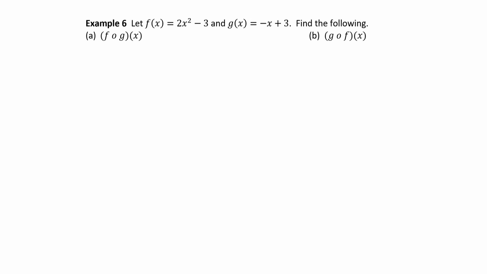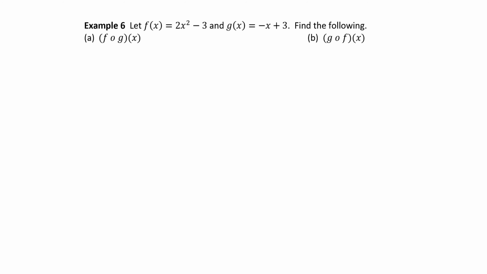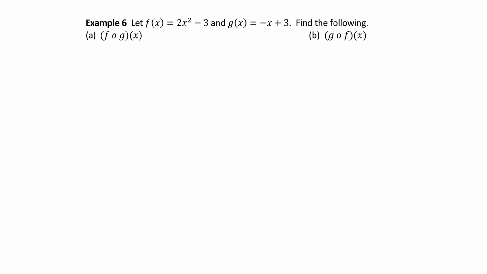We've got f of x equal to 2x squared minus 3, which you would tell me is a quadratic function, and g of x equal to -x plus 3, which is a linear function. We're going to find f composed with g of x. So f is on the outside, g is on the inside.